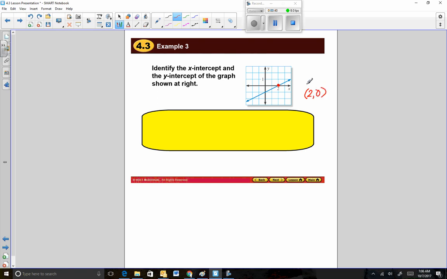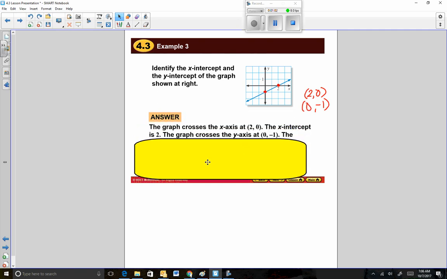And we follow the little blue line, and we notice it cuts off right here, the y-axis. So our y-intercept is, let's see, we go over 0 and drop down 1, so it would be at 0, -1. There you go.